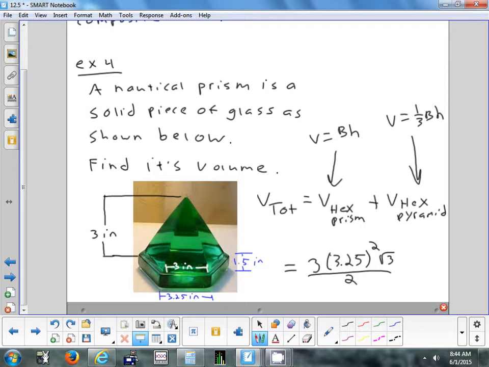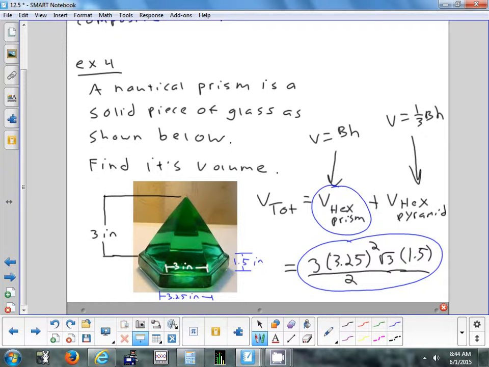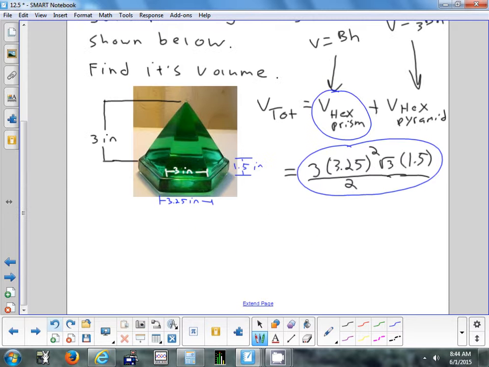And then the height of the base, 1.5. So I'll just put times 1.5 in the top. I'll circle it in blue so you can see which one's which. That's the hexagonal prism. It's 3s squared, square root of 3 over 2, then times the height.